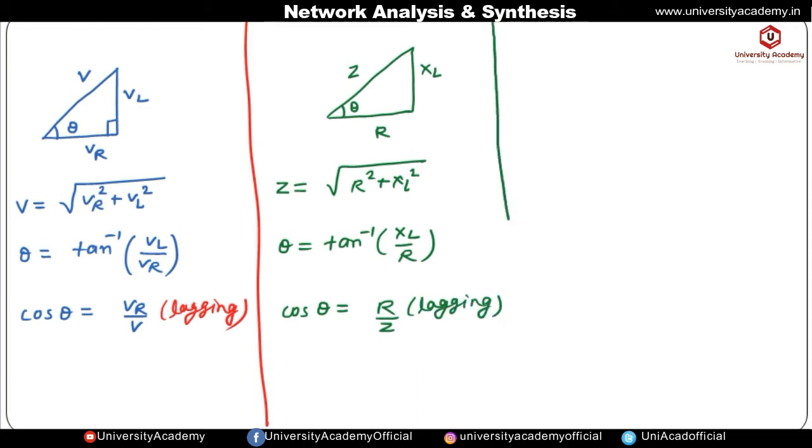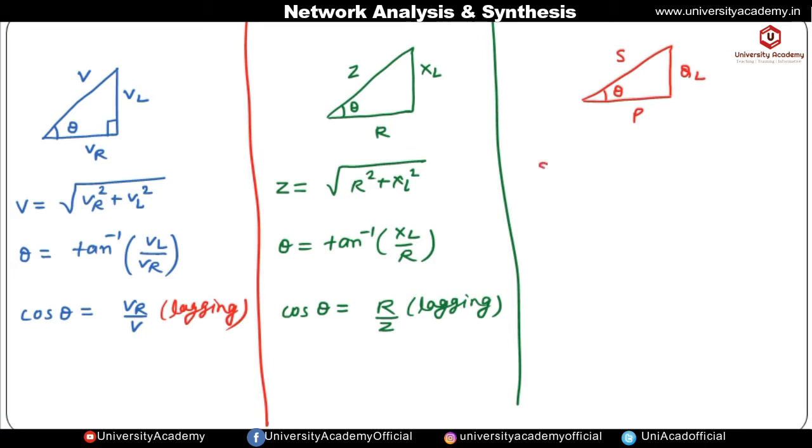Next, if we draw the power triangle, this is active power P, this is reactive power QL because of the inductor, and this is apparent power S, and this angle is theta.